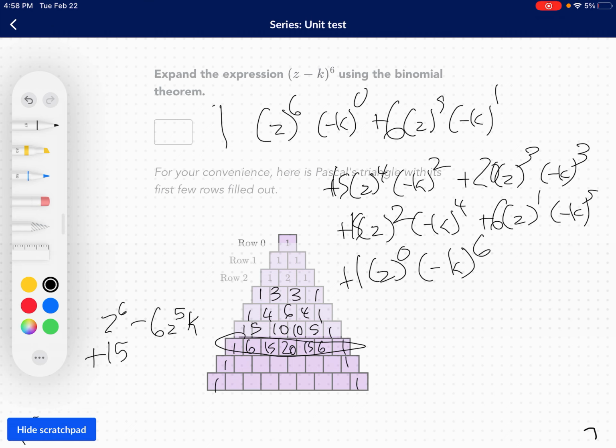So 15z to the 4th k squared plus 20... no, negative 20z to the 3rd k to the 3rd, plus 15z squared k to the 4th, plus 6... negative, minus 6z k to the 5th, plus k to the 6th, right?